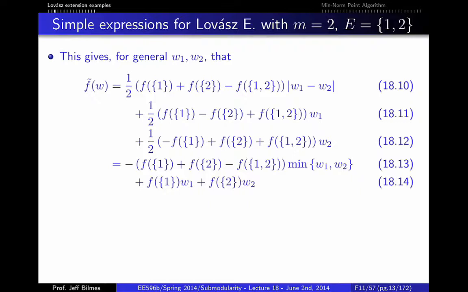If you have a ground set of size 2, so that means that you're talking about vectors of dimension 2, you can essentially construct an expression for the Lovász extension, which, arguably, 18.13 and 14, maybe that's an easy way of seeing it. And that's sort of, in some sense, a closed form expression, although there is a min in there, so there's a conditional. But if you're, for example, interested in plotting this as a function of W1 and W2, this might be an easy way of doing it in, say, MATLAB or something.